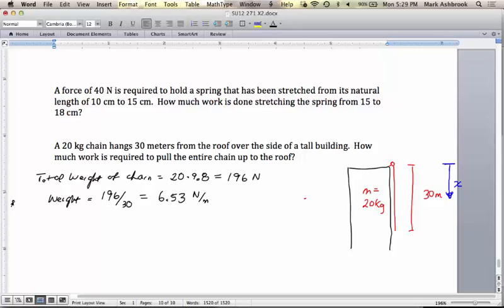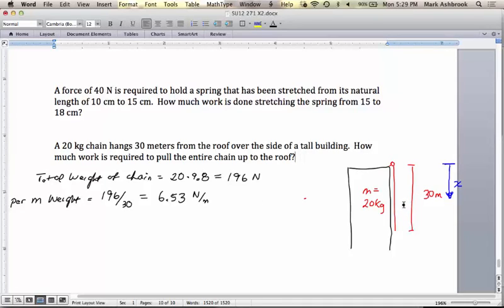What is that? Oh, we didn't multiply the distance. Oh, as it's getting lighter. Yeah, we missed it. Okay.